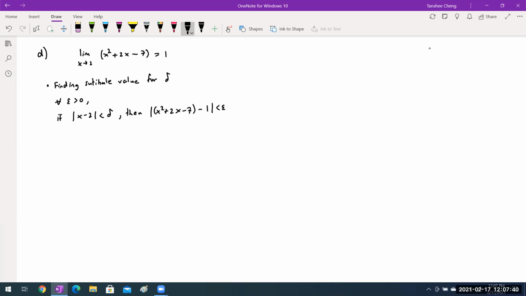So like before, we're going to start from the absolute value of x squared plus 2x minus 7 minus 1 is less than epsilon. And our goal is to get the absolute value of x minus 2 is less than delta. But we will see there are some situations, and how we manipulate that.